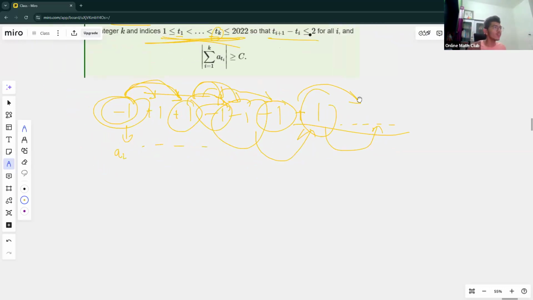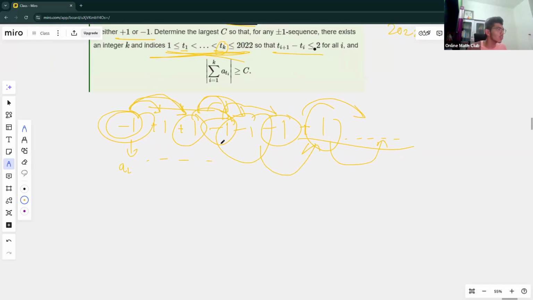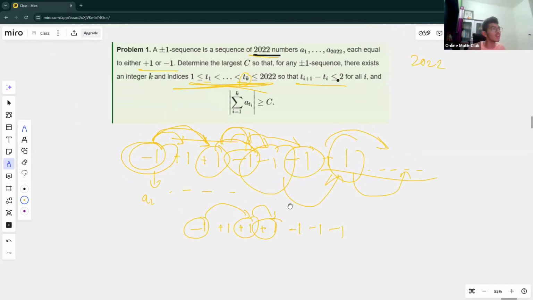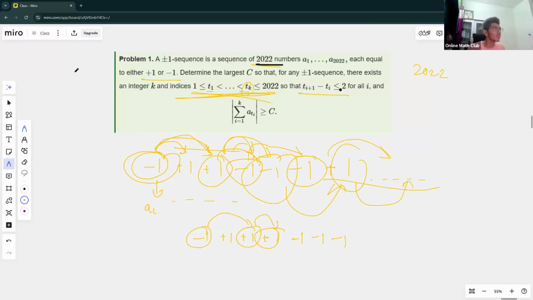And what we want to find is, suppose we have some sequence, now we can choose this, then this. We will start with this problem.